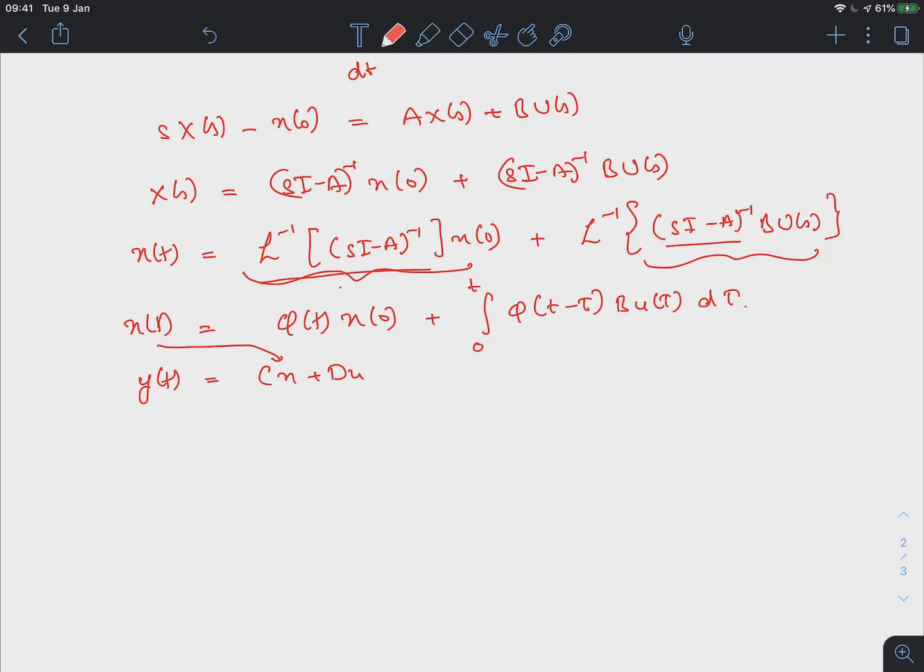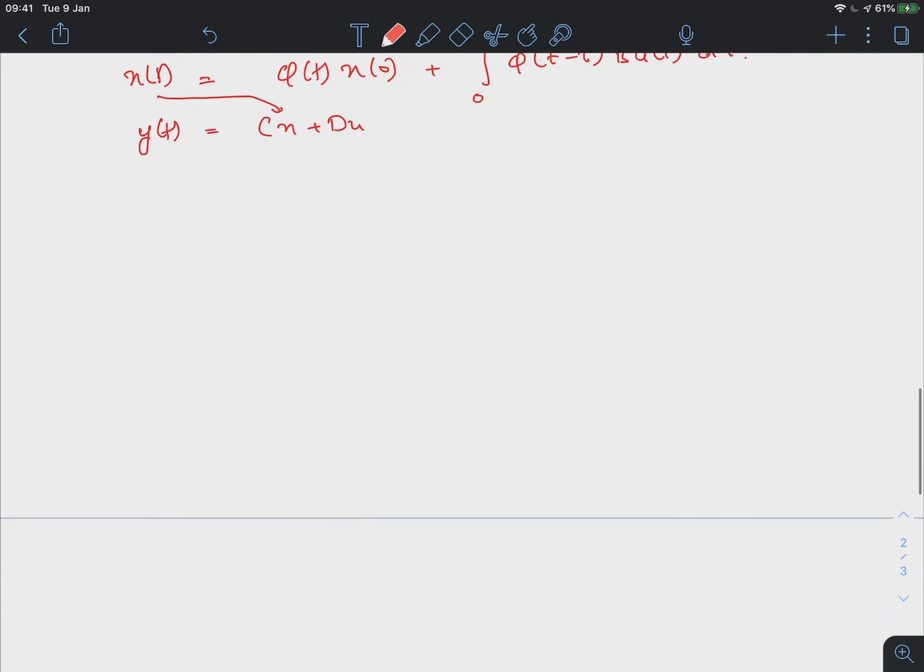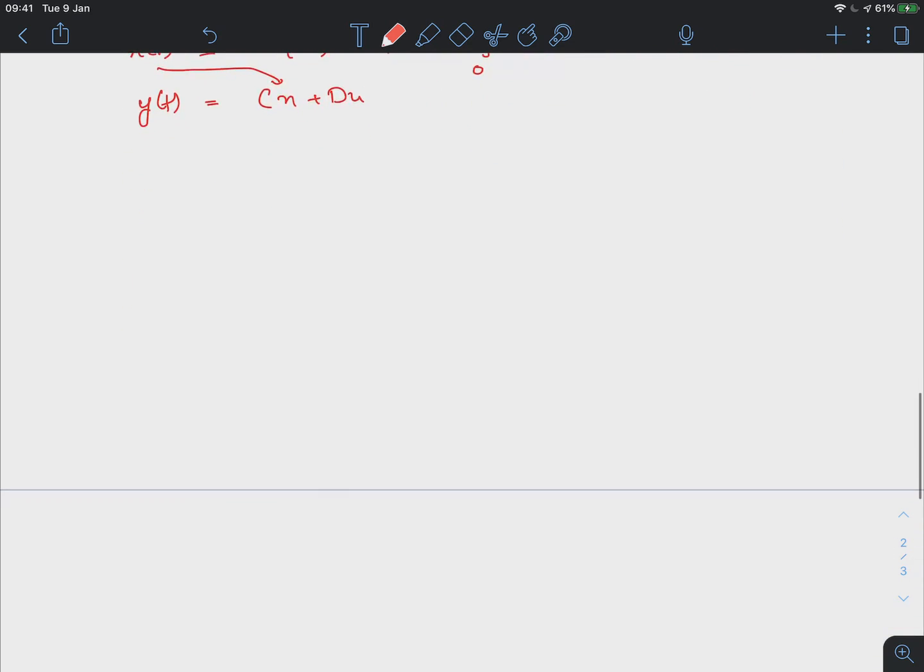Now we shall see the other relevant information from the state space system, that is the characteristic equations, eigenvalues, and the eigenvectors. So suppose given a differential equation of nth order, d^n y/dt^n plus a_(n-1) and so on, up to a_0 y(t), equal to b_m and so on, up to b_0 u(t).